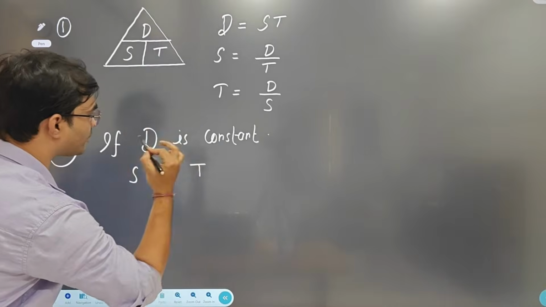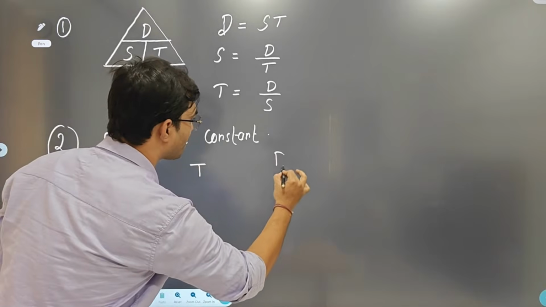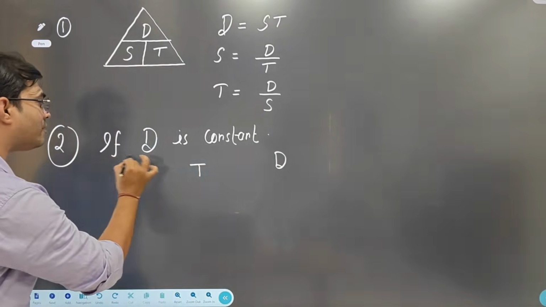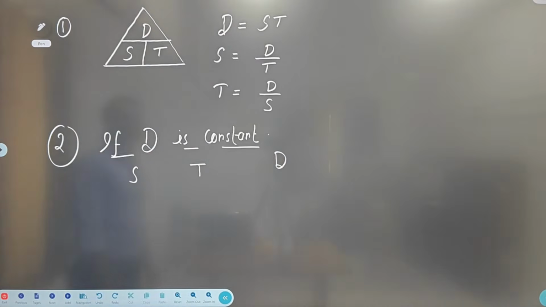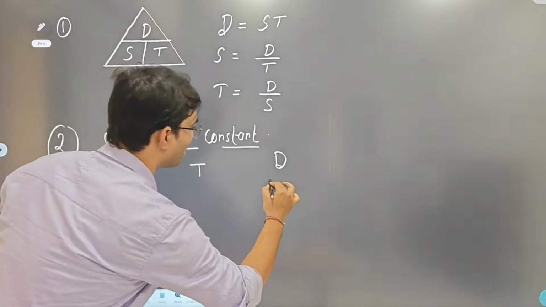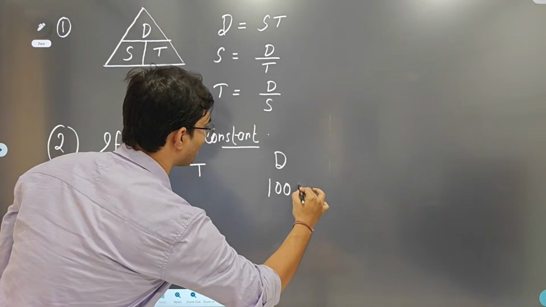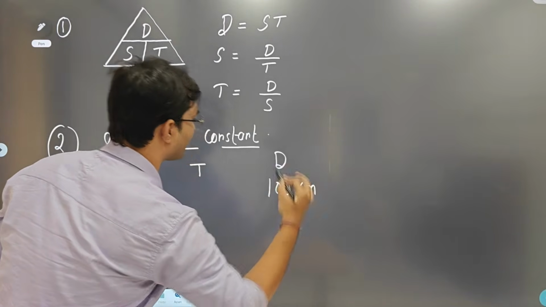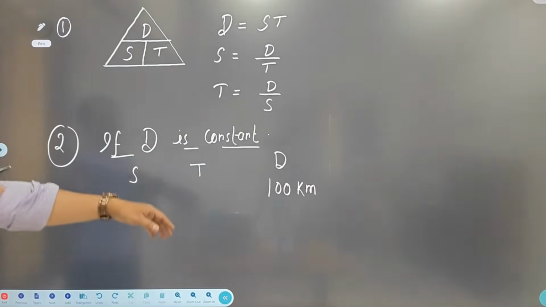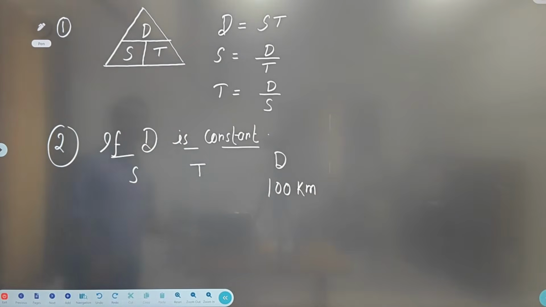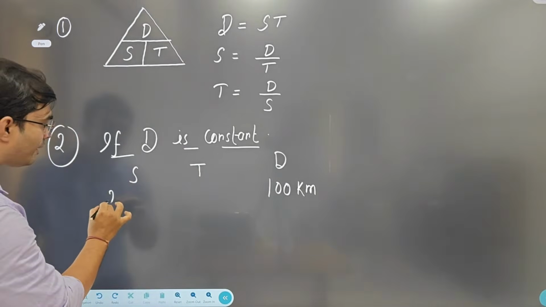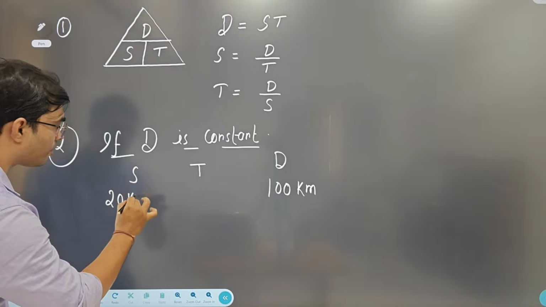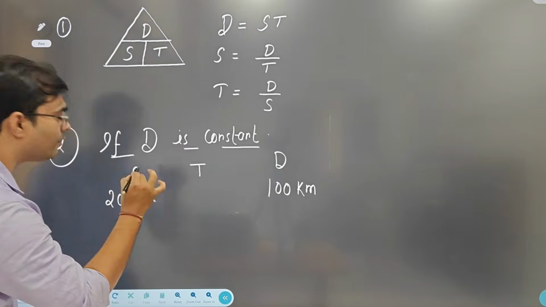Speed, time, distance. So what I took as the case here: distance is a constant value. Suppose distance is 100 kilometer. Then how are speed and time related? Let me call the speed 20 kilometer per hour.